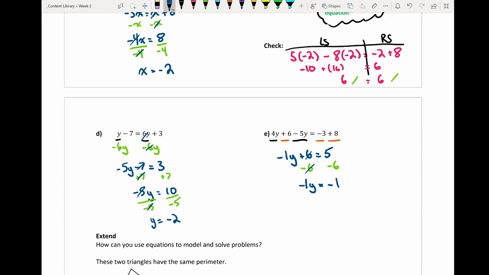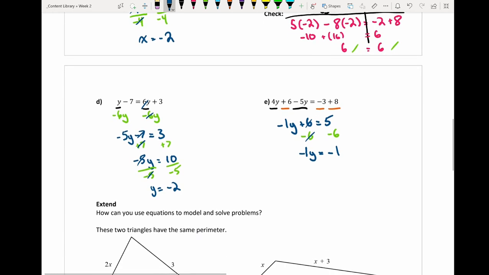Now you may think that you have y by itself, but that negative 1 in front of it is something we don't want. We want just y on its own. So in order to get rid of the negative 1, I need to divide by negative 1. It'll cancel out on the one side, and I'm left with y equals 1. So that means my answer for E is y equals 1.